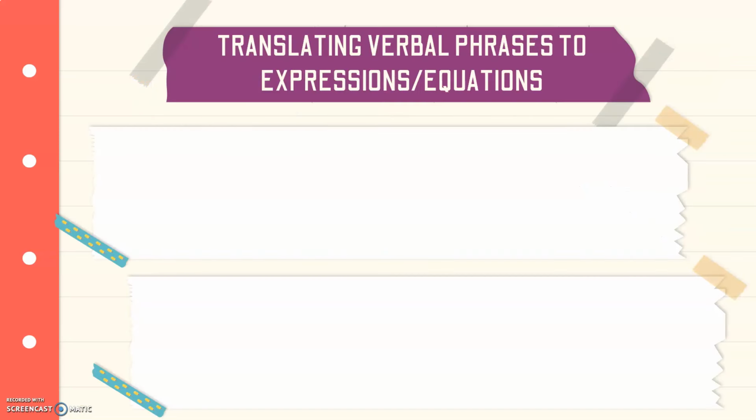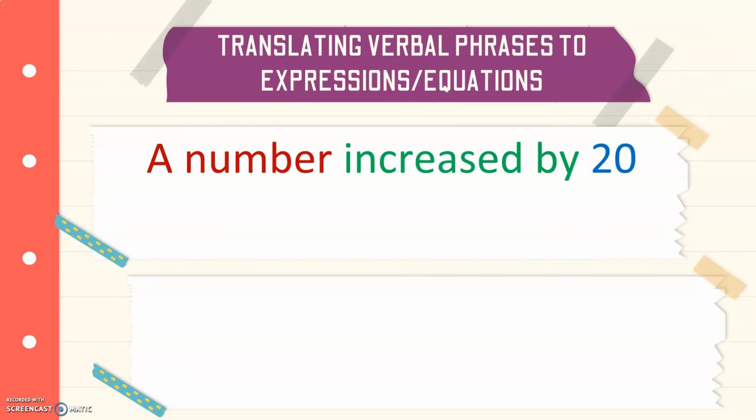Let's have some more examples. Let's try to translate the verbal phrases to expressions or equations. First, a number increased by 20. Let us identify the operation involved here. We have the keyword increased by, so meaning to say, we will be using addition. Now, what will we be adding?